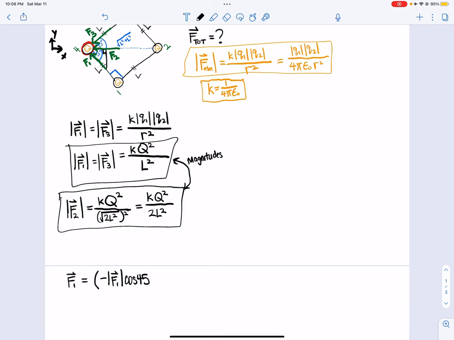That would be the x component of F1 in the i hat direction, right? And then plus, for F1 right here, its y component is pointing towards positive y. It's pointing up, right? So plus positive magnitude of F1 sine of 45, and that's in the j hat direction.